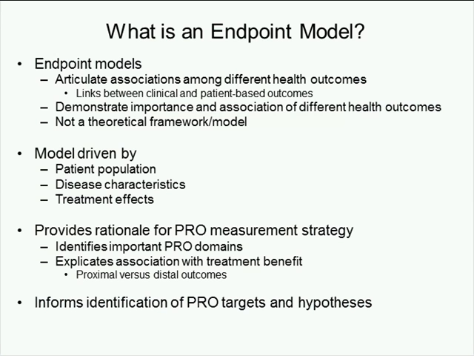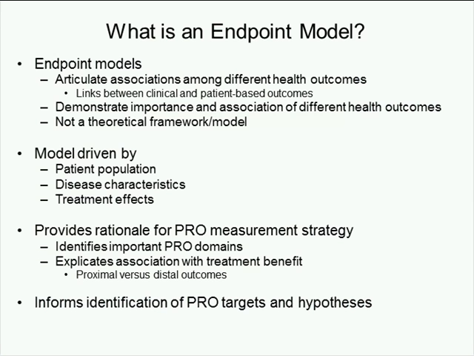It's not technically a theoretical framework or theoretical model, but it does begin to move toward that direction by saying these are the associations and linkages that are probably going to be considered important in this particular treatment setting.